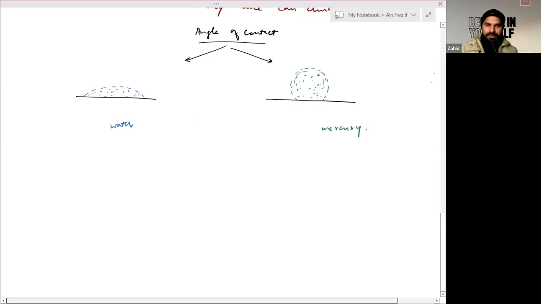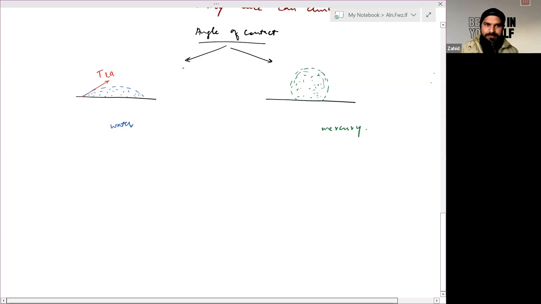Surface tension acts tangentially to the interface of two separating media. So let's say at this point, if you draw a tangent along this direction, this particular tangent is separating two different media. One is air and the other is liquid. So this surface tension is in between liquid and air.